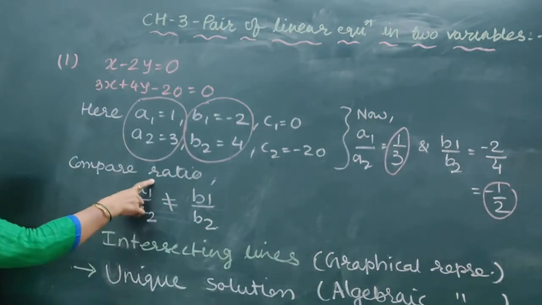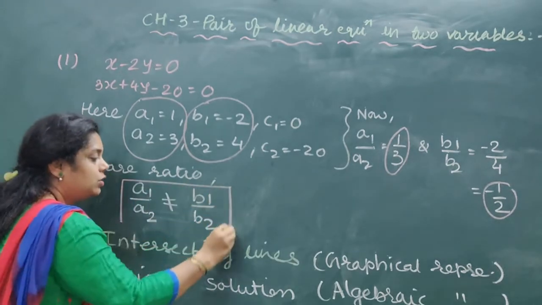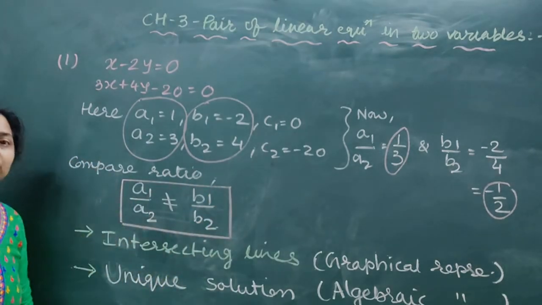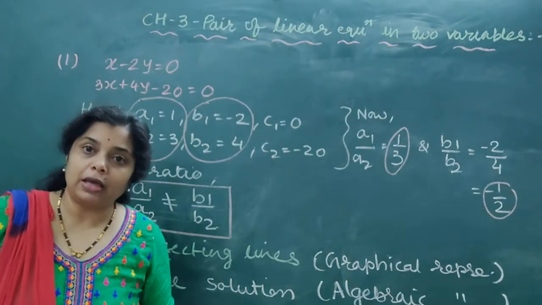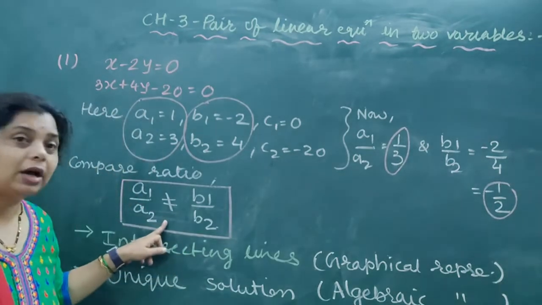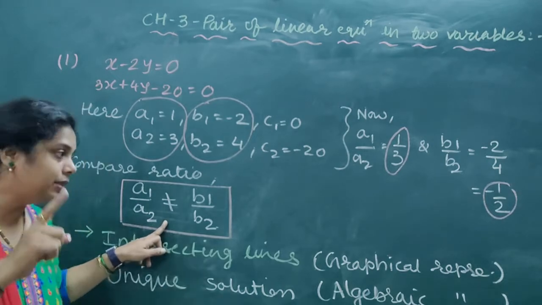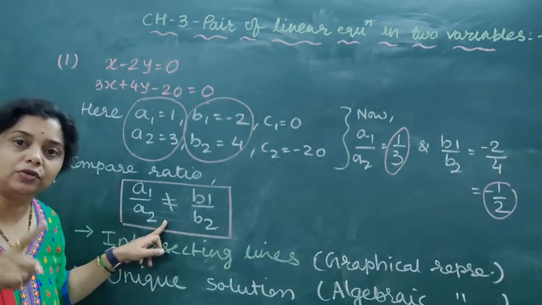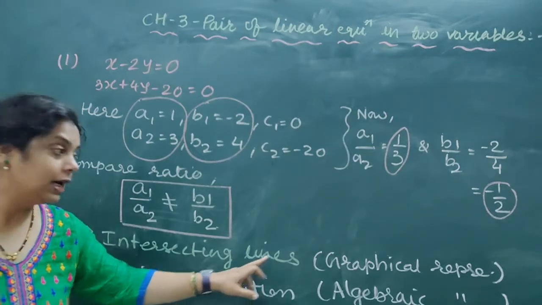So after comparison of ratio, we can say that a1 by a2 is not equal to b1 by b2. So if any pair you have and in that you get a1 by a2 is not equal to b1 by b2, that pair of a linear equation shows intersecting line.